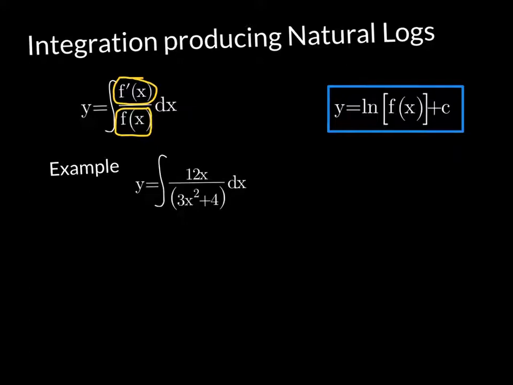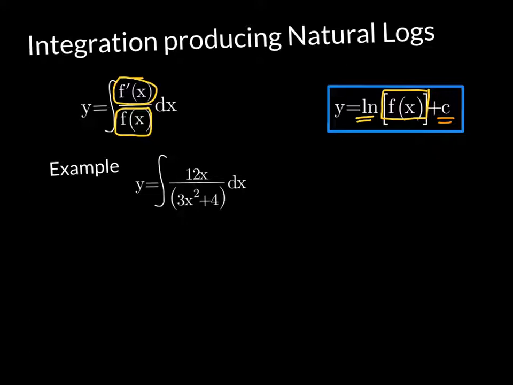So if we want to integrate that with respect to x, then what we find is the integral is just equal to the natural log of f of x, so the natural log of the thing on the bottom line. And then to that we add our constant of integration as well.